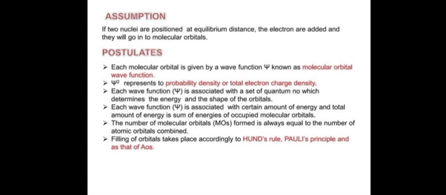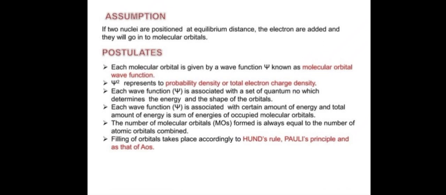Let us move on to the postulates of molecular orbital theory. We know very well that when two atomic orbitals of relatively the same energy and orientation combine to form molecular orbitals, according to the molecular orbital theory, that many number of new molecular orbitals are going to be formed as the number of atomic orbitals combined. And the molecular orbital is a polycentric region.